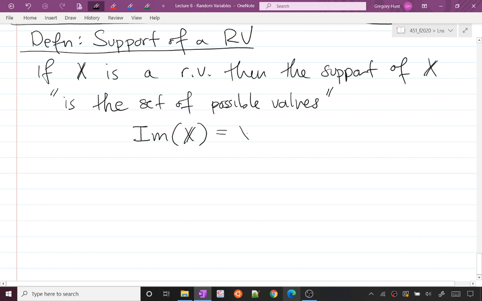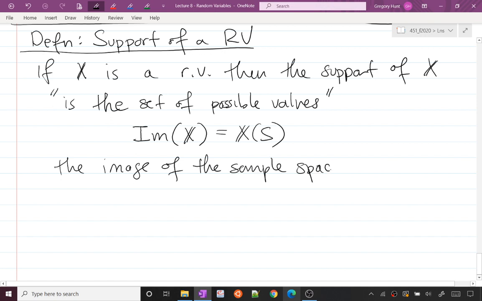Or you could write this as X of s. So it's the image of the sample space under X, right?